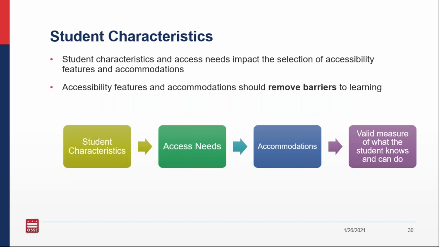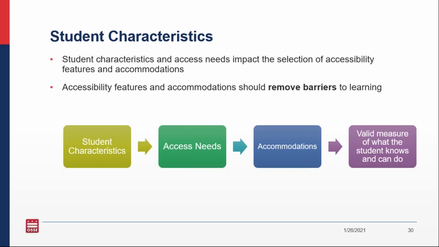Student characteristics and access needs impact the selection of accessibility features and accommodations. Accessibility features and accommodations should remove barriers to learning. So we have our student characteristics, their access needs, the accommodations, and valid measures of what the student knows and can do. A good example would be a student who is visually impaired.